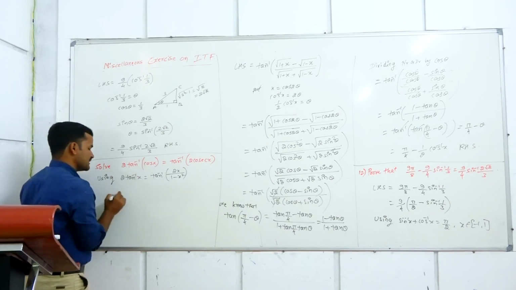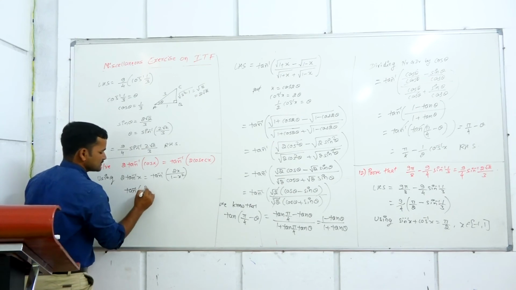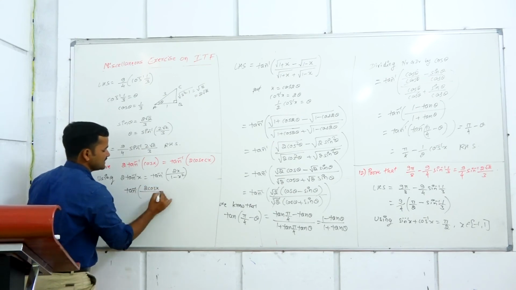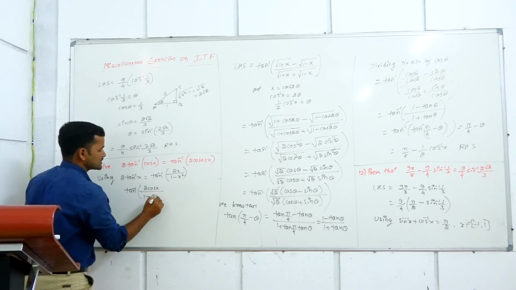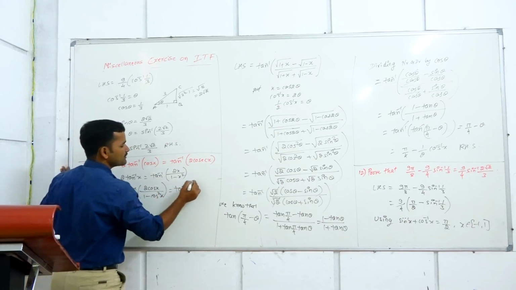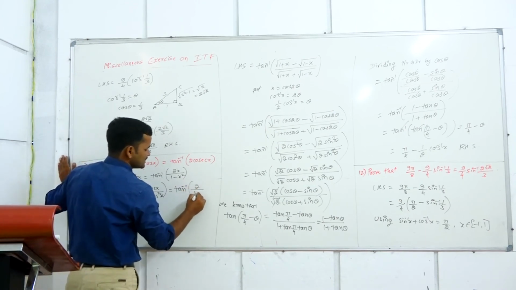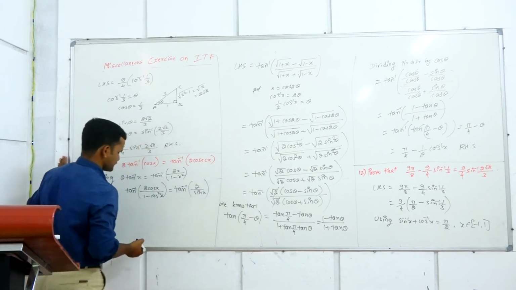Left hand side it will be tan inverse of 2 times cos x divided by 1 minus cos square x, which is equal to tan inverse of 2 into cosecant x, which can be written as 2 by sin x.